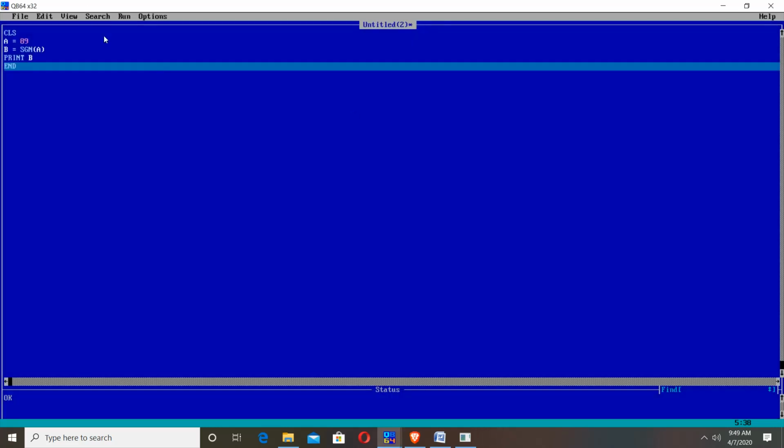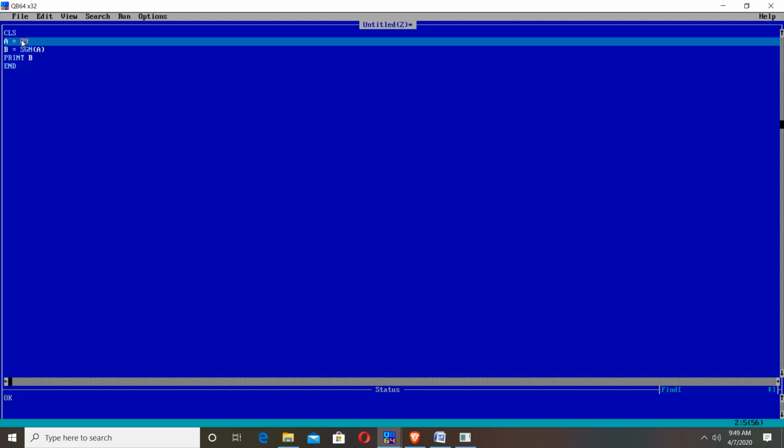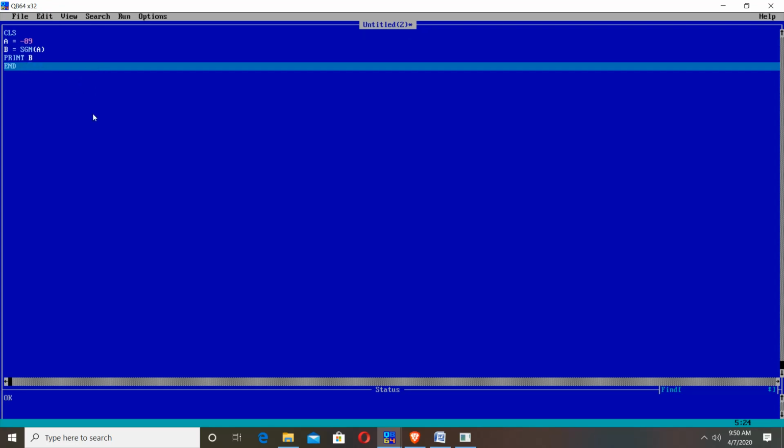Just try this out by using a minus sign with 89. Okay, let's write -89. Now b equals sgn a, where a is a negative number. Now the value of b should be -1.